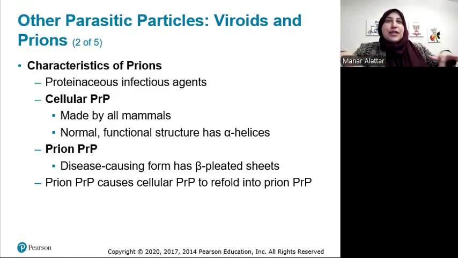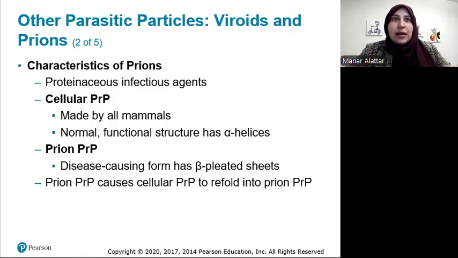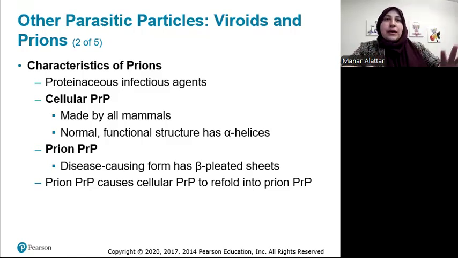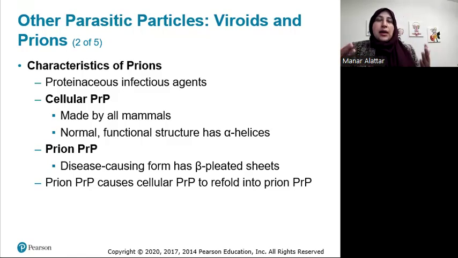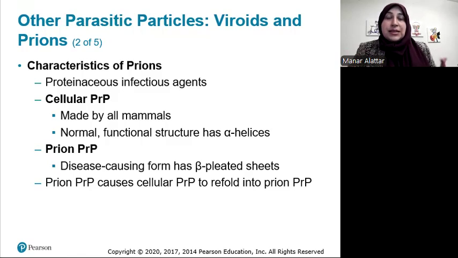And those adjacent proteins that are misfolded, as they aggregate, make these non-functional plaques that then are eliminated by the body. And this is what generates disease. This is what actually degrades the brain and its functions. And all prion diseases that we know of are eventually fatal.